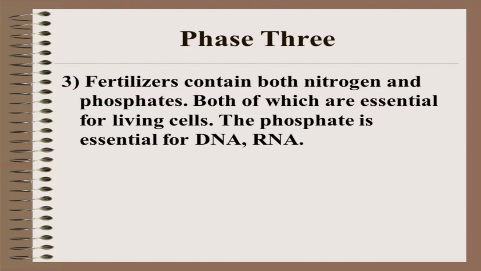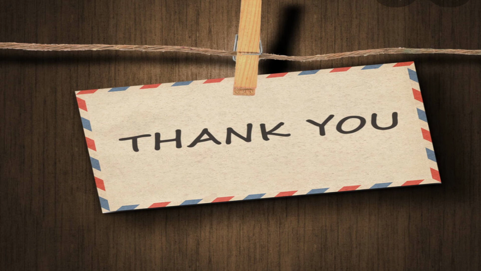Since phosphorus is the most critical element for the plants, additional phosphorus in the form of industrial fertilizers is added to the soil by man. Hence the third phase: fertilizers contain both nitrogen and phosphates, both of which are essential for living cells, and phosphate is essential for DNA and RNA. Thank you very much.